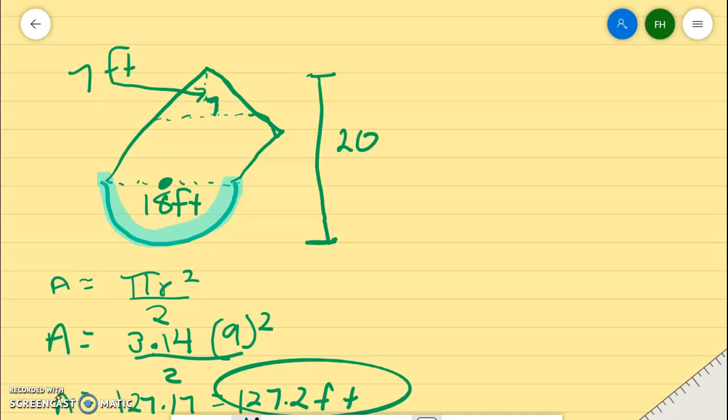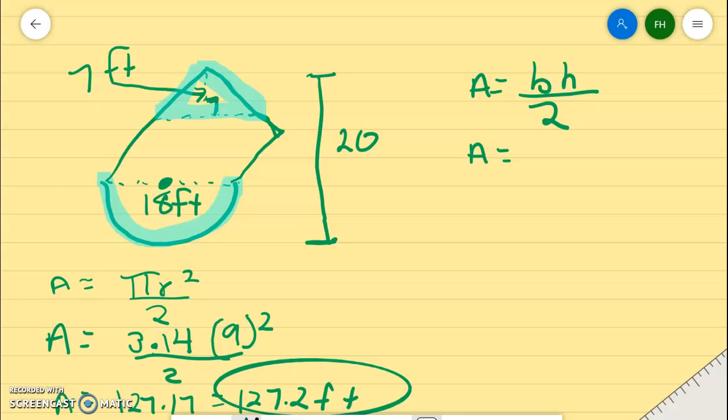The next shape I would probably do is the triangle, which is this part. Because we know the area of a triangle is base times height divided by 2, or half of base times height. Let me look at this shape on the paper because I didn't draw it just perfectly.